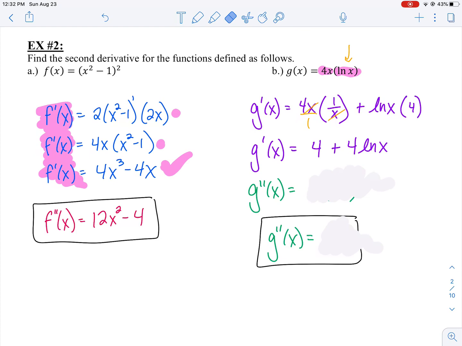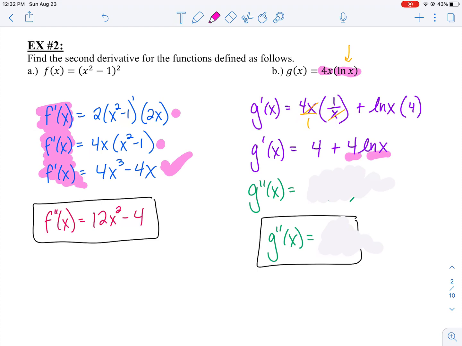But remember, that's still just the first derivative, and I still have to find the second derivative. So let's find the derivative again. The derivative of 4, the derivative of any constant, remember, is just 0. On this term, I should be able to keep my coefficient, the 4, there. It's just a number in front. And then just find the derivative of the rest of my function.